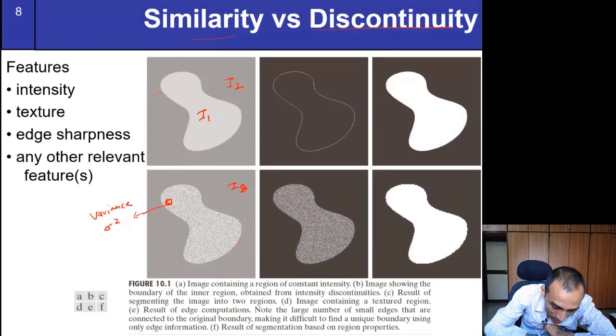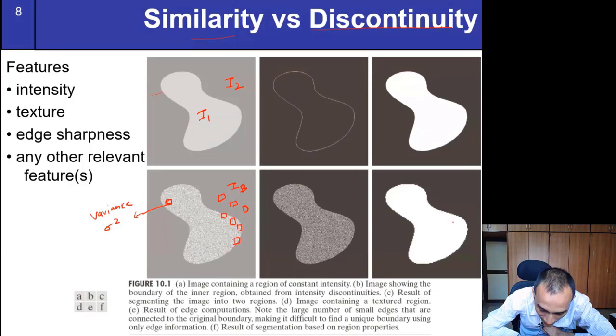All the regions in the background will have a variance of 0 because they all have the same intensity values, whereas all the regions inside this image will have a non-zero variance. So now the similarity is based on the variance. A non-zero variance means region 1, and a 0 variance means the background region.